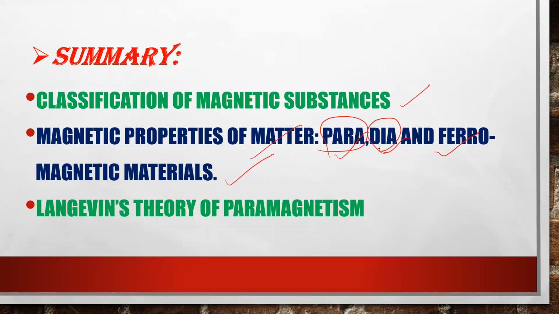Dia exhibits feeble magnetism opposite to the direction of the magnetic field. Ferro exhibits high magnetism in the direction of the field, more than para, with susceptibility inversely proportional to absolute temperature and permeability much greater than 1. In para, susceptibility and permeability are slightly positive, greater than 0 and slightly equal to 1. In dia, susceptibility and permeability are always less than 0 or negative.